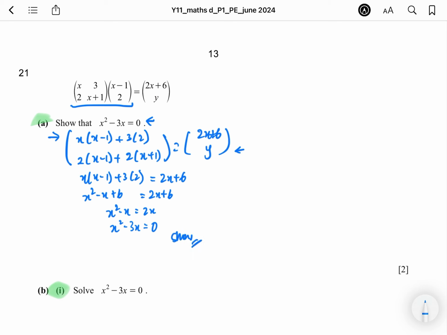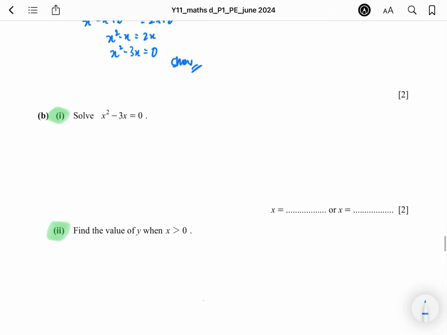Done. So in this case, simplifying the matrix to a single matrix works. And when solving, when you have the x squared that's a quadratic, in this case we use the factorization method. So the common factor would be x, leaving you x times (x minus 3) equal to 0, and this is what we want, two factors, because we can proceed to writing down the first factor equal to 0, or x minus 3 equal to 0.